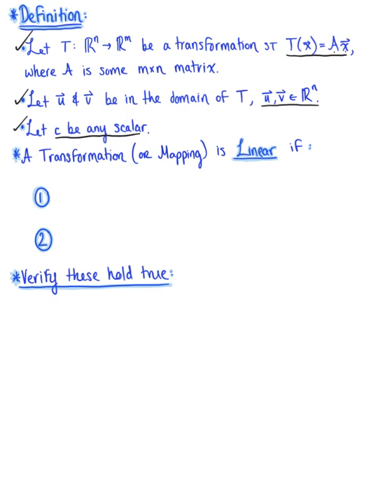So then a transformation or a mapping or a function is said to be linear if the following two properties hold true.